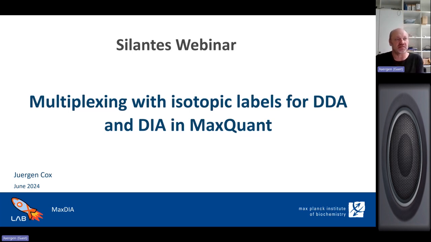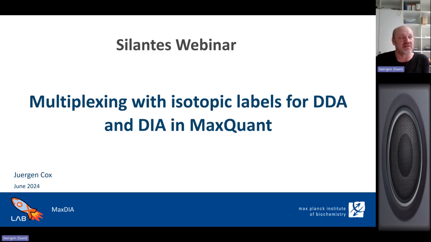So indeed, today it's no surprise that I will be talking about MaxQuant probably. And in particular, I will be talking about the uses of isotopic labeled data in MaxQuant. And so since long, we can deal with that in the form of DDA data, for example, SILAC, DDA labeled data.